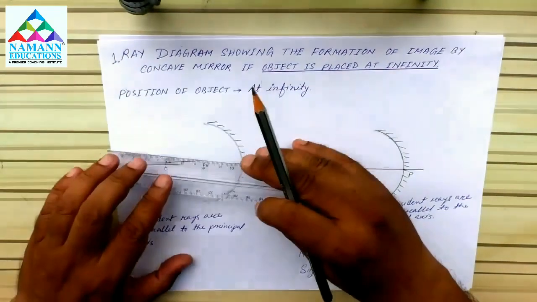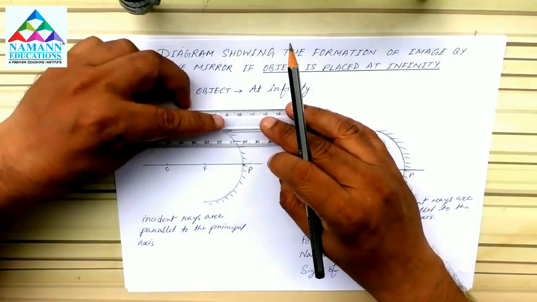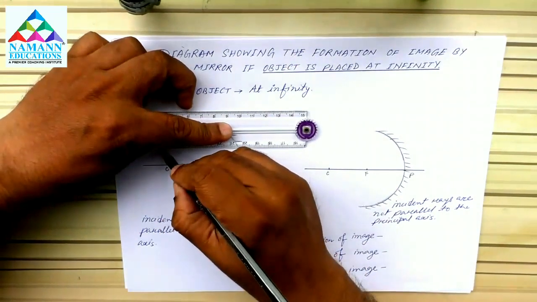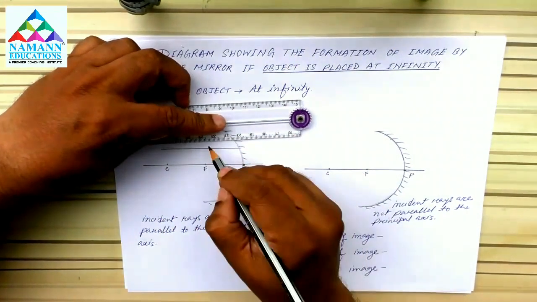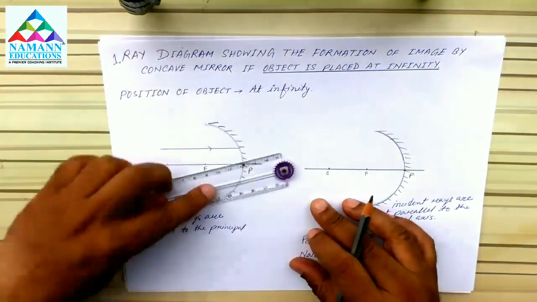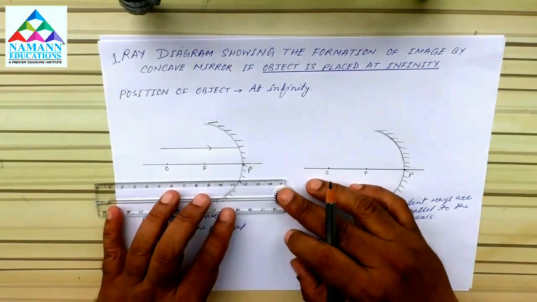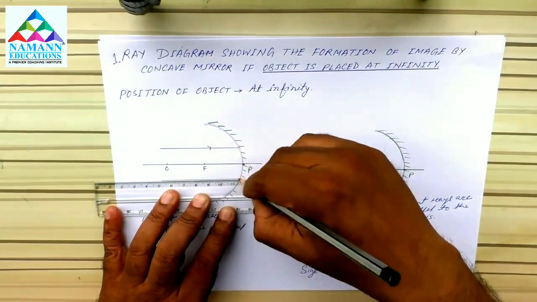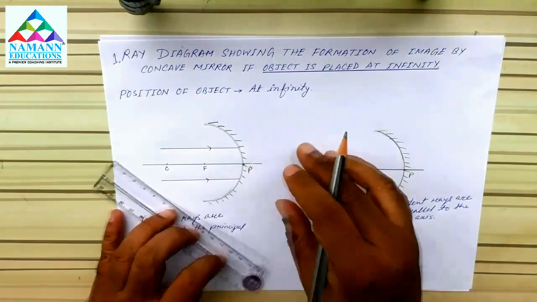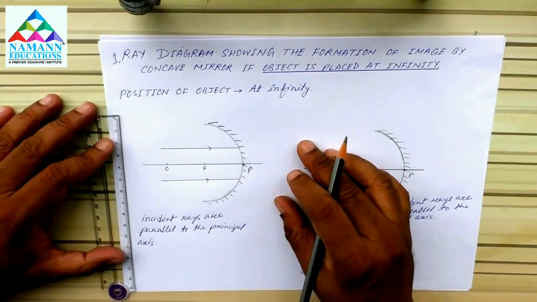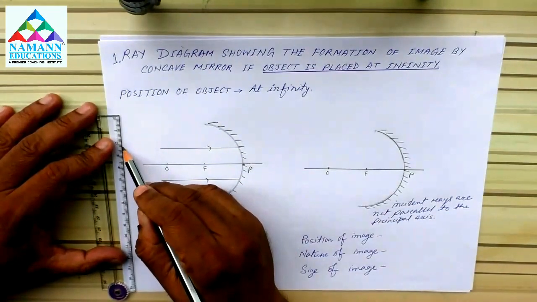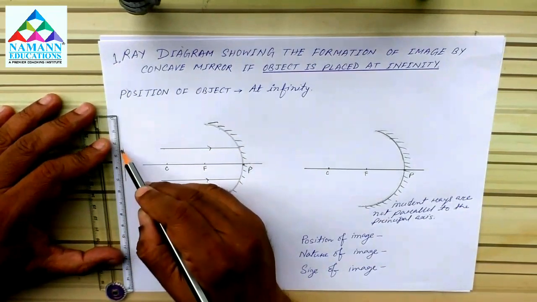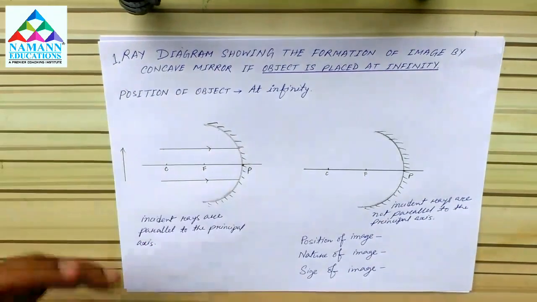So for this diagram we can consider 2 light rays parallel to the principal axis, one above the principal axis and another below the principal axis for convenience, and the object is placed at infinity. Since the object is at infinite distance, it is shown like this.